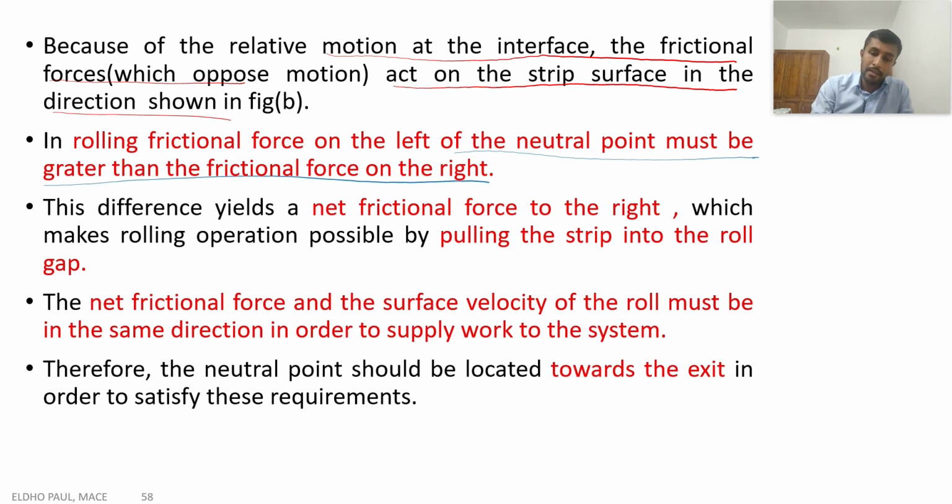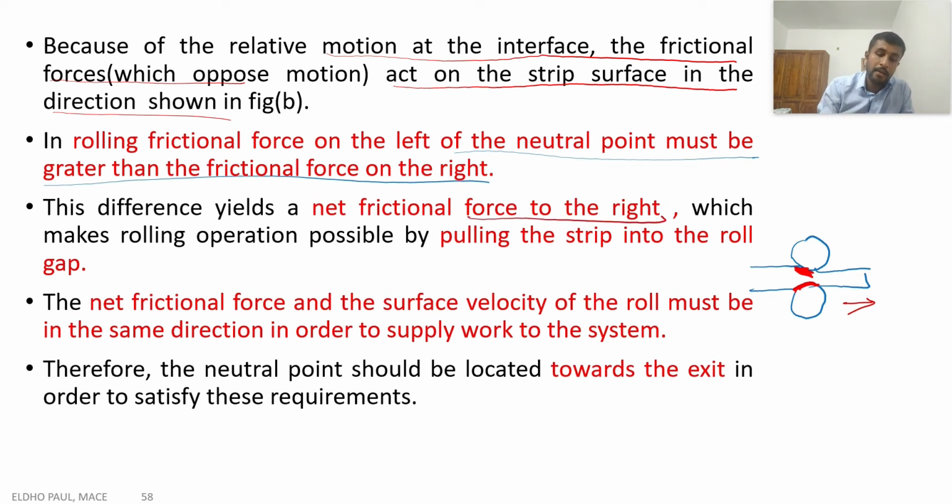In the rolling process, we are commonly not supplying any external push or pull for the movement of the workpiece through the rolling gap. Actually, the friction between the roller and the strip, or workpiece, helps the forward motion of the workpiece, and for this forward motion the net friction force should be towards the right.